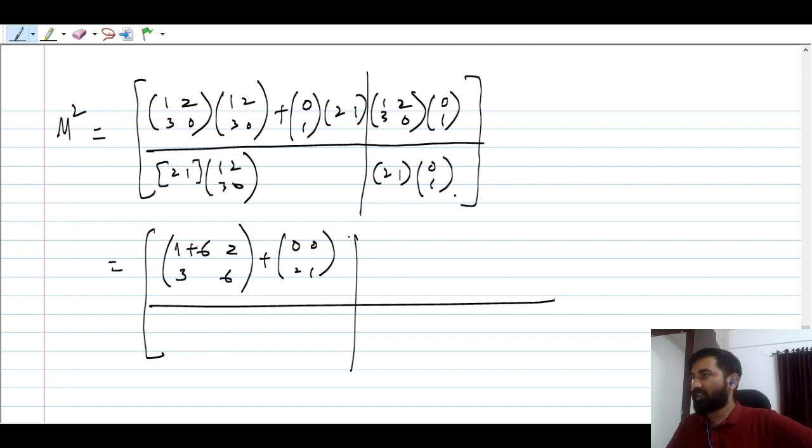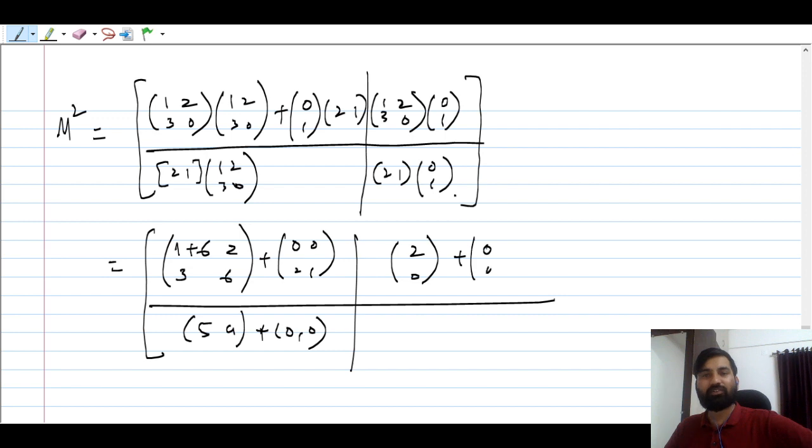And here you will get 2 0, right? Here you will get 5 0 plus 0 0, right? I'm not writing that, but you will get 0 0 only because the D matrix is present, so needless to write all these things. Why write? Okay, and what will come in this? You will get 1, right? Fine.